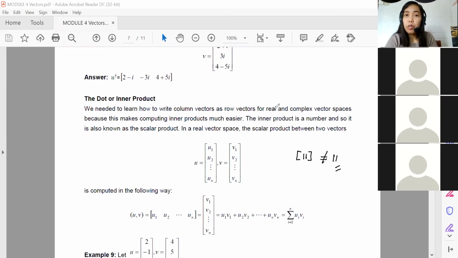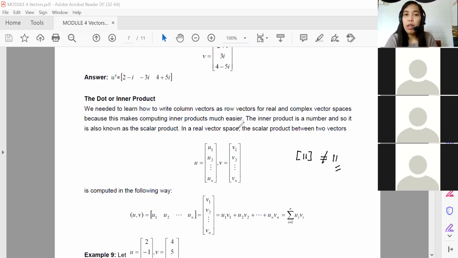We also do that for real and complex vector spaces because this makes computing inner products much easier. The inner product is a number, okay? Is a number, and so it is also known as the scalar product. So we also call dot product or inner product scalar product because it's a real number.